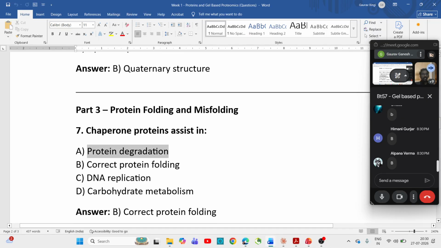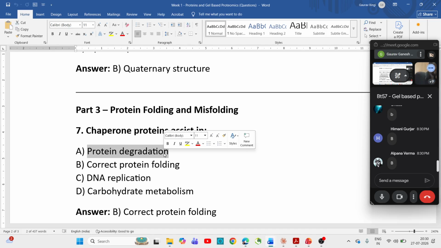Who does protein degradation? What type of proteins do protein degradation?